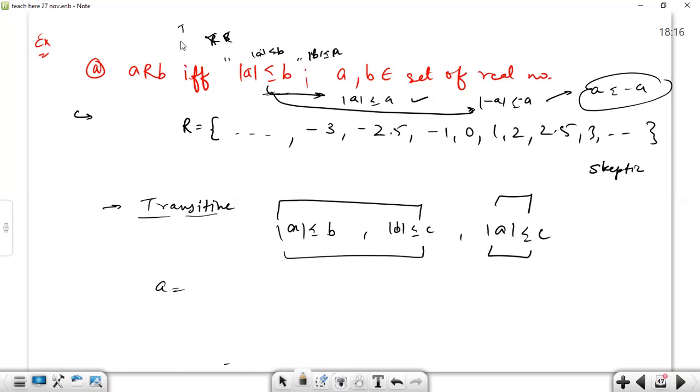But when we talk about transitive, while writing these three conditions, you will be able to make a guess, make an intuition, that yes, it is going to be true. After these two conditions are satisfied, it is just a simple property of inequality. After drawing these two conclusions, we can draw the third conclusion very easily.